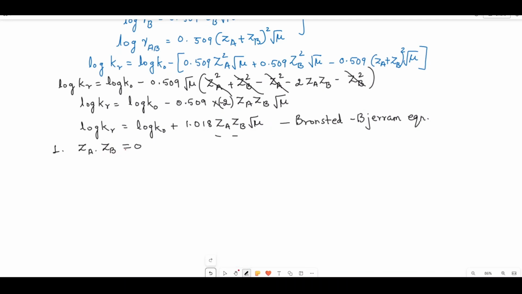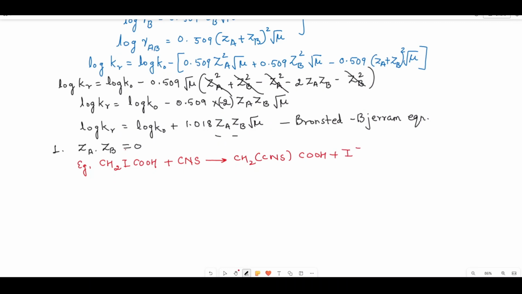Then the rate constant would be independent of ionic strength. We can take an example. CH2ICOOH, when it is treated with thiocyanide, we get CH2CNSCOOH plus I minus.